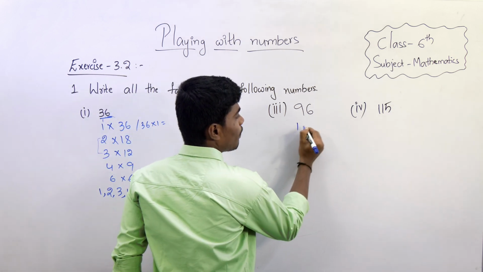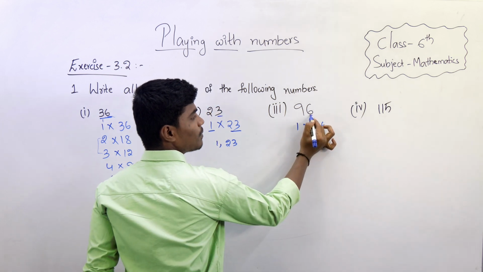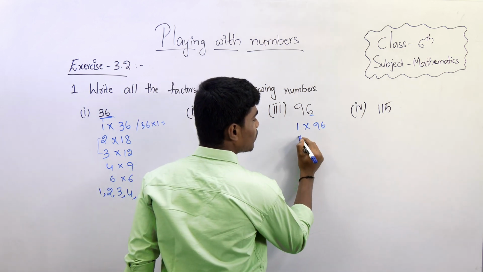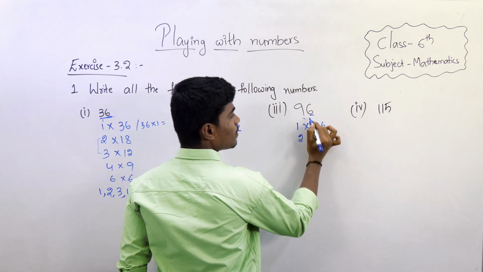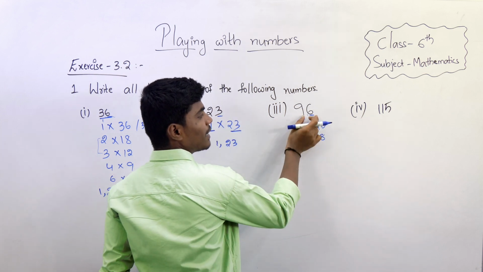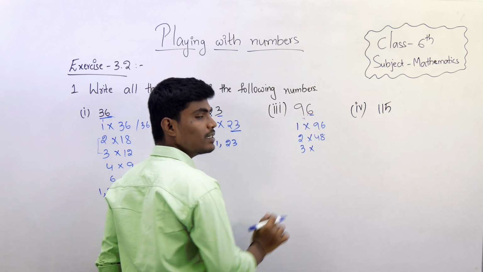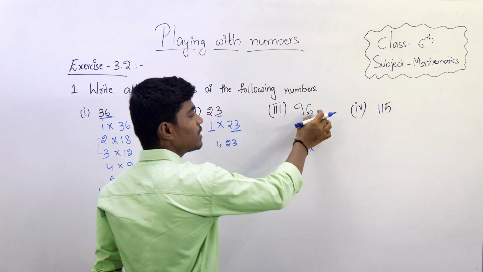Okay, now let's move to 96. See, 1 times 96 is 96. In ones place we have 6, so it is divisible by 2. 2 fours are 8 and 2 eights are 16, so 2 times 48 is 96. Next, 3. 9 plus 6 is 15, and 15 is divisible by 3.